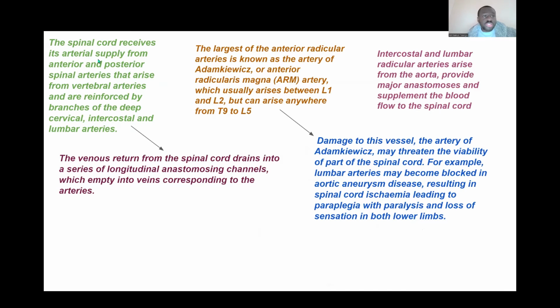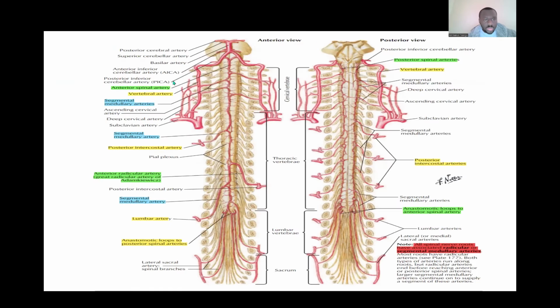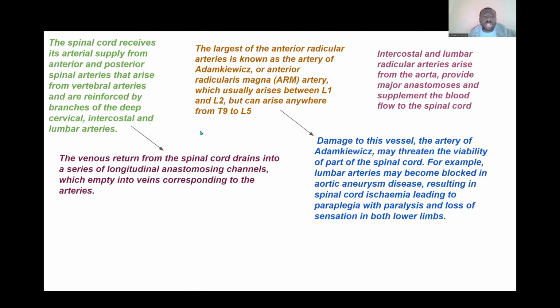So the spinal cord receives its arterial supply from the anterior and posterior spinal arteries, which arise from the vertebral arteries, and they are reinforced by branches of the deep cervical, intercostal, and lumbar arteries, as we saw in the previous image. So we saw radicular arteries, segmental medullary arteries, and radicular arteries that support the anterior and posterior spinal arteries.